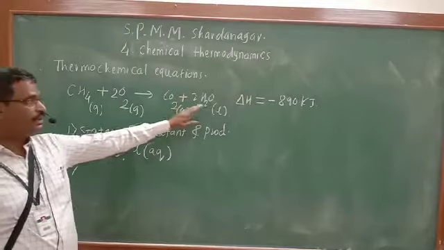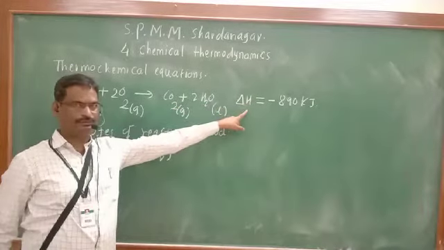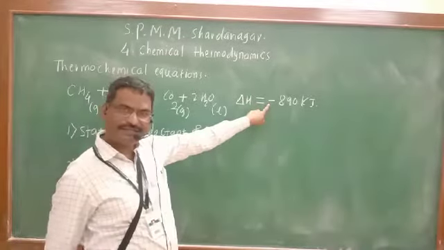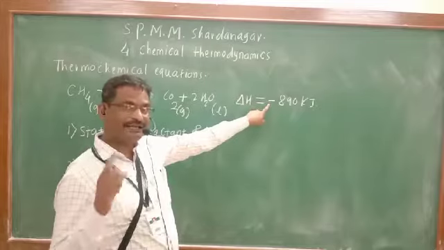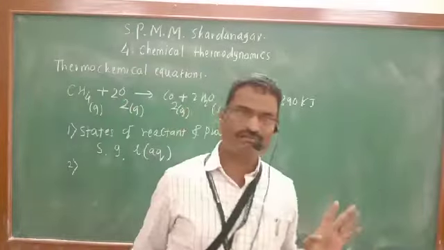Forward reaction delta H is minus 890 kilojoule. Now here you will easily come to know, since delta H has a negative sign, the forward reaction is an exothermic chemical reaction.